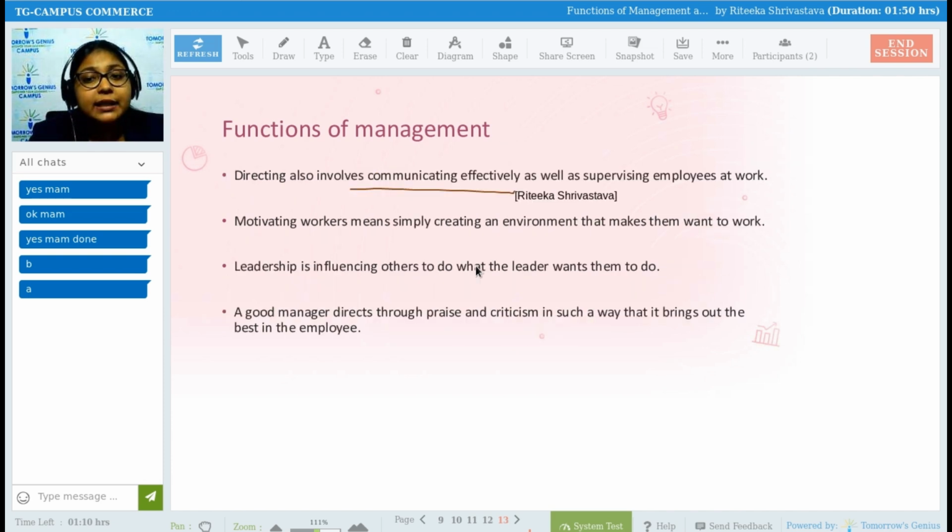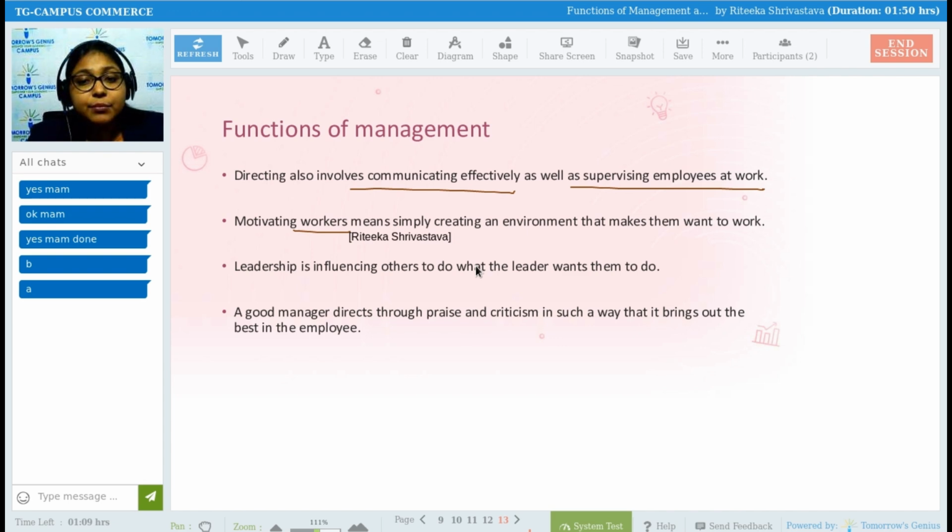It also involves communicating effectively as well as supervising employees at work. The superior needs to properly communicate with the subordinate as well as keep a good check on the subordinates, and keep on reviewing the work which the subordinates are doing.